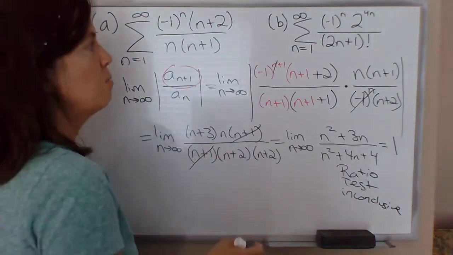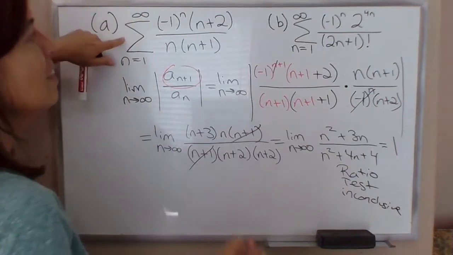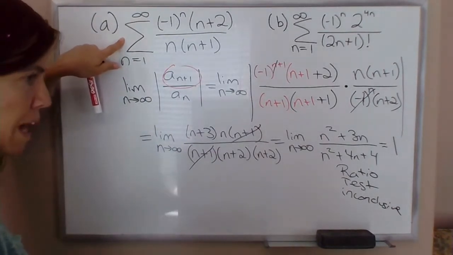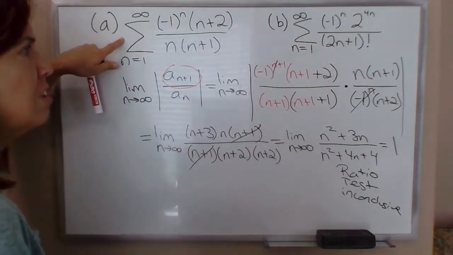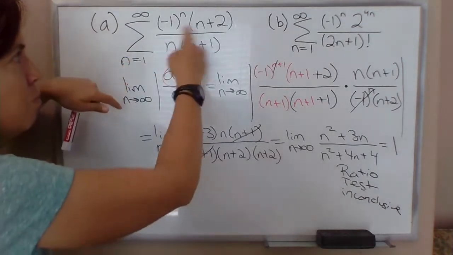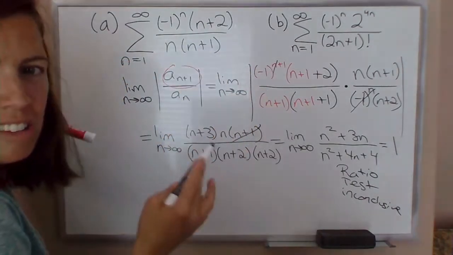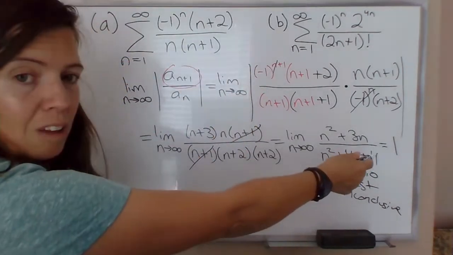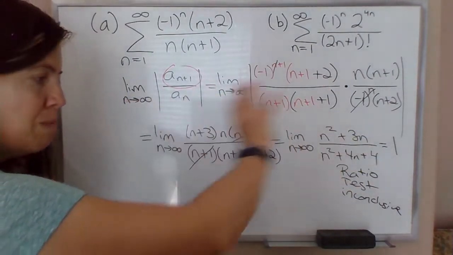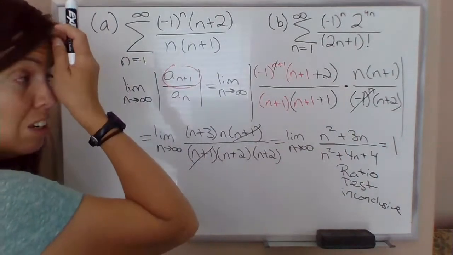Now, when I take a step back, you should be thinking, why was I even doing the ratio test in the first place? Ratio test works best with factorial expressions. It also works well with nth powers. Rational expressions like this typically are going to give you a limit that's 1. I made the mistake for you, so you don't have to make this mistake in your homework.